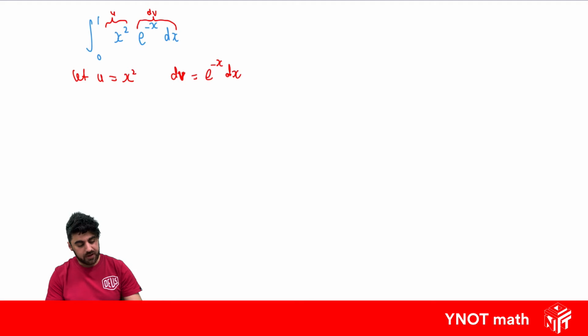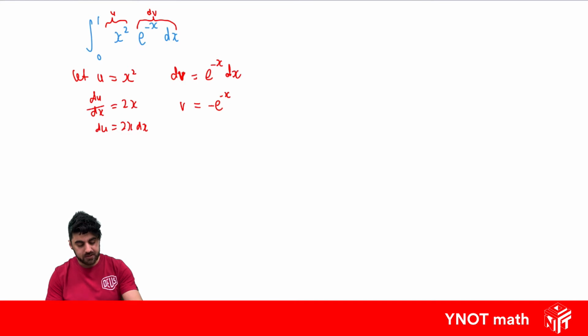So let's go ahead and differentiate. We get du/dx is equal to 2x, which means that du equals 2x dx. V, we're just integrating, so we're going to get minus e to the minus x for our integral for v. So let's go ahead and use the integration by parts formula.